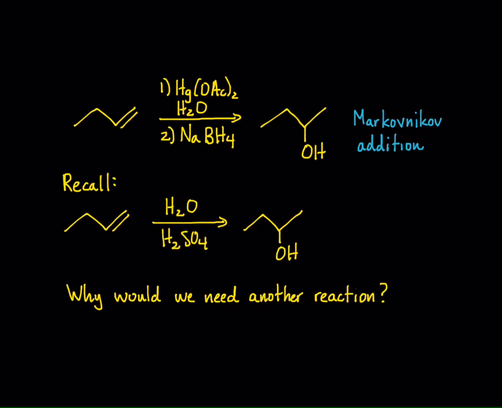Well, in this particular example, you probably don't need to, but the key is in understanding the mechanism: in forming the mercurinium ion, you do not form a carbocation. And if you do not form a carbocation, you cannot get rearrangements. And that is certainly the key to a lot of these types of reactions, right? So oftentimes we don't want rearrangements to take place.